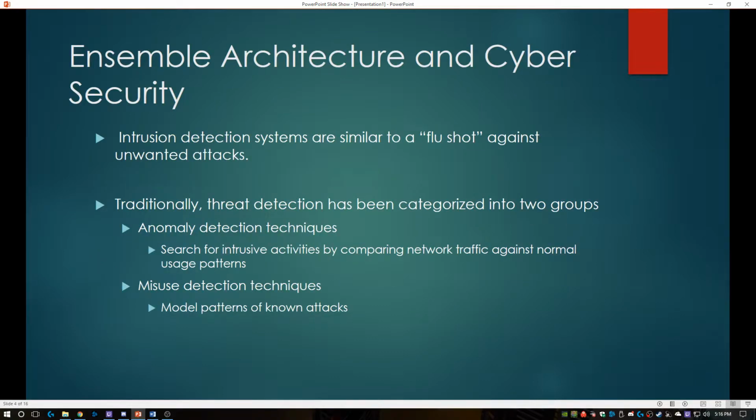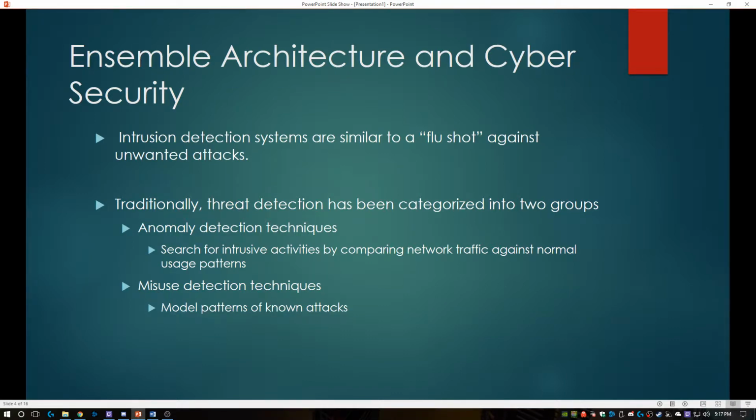So what is ensemble architecture and how does it relate to cybersecurity? Well, today almost everybody is somehow or some way connected to the internet. From your smartphones to your smart TVs to personal computers, from the very heaviest of internet users to the very lightest of internet users, each person that is connected is susceptible to internet attacks.